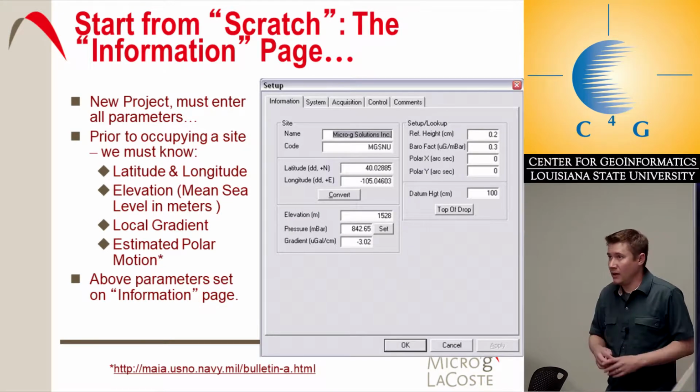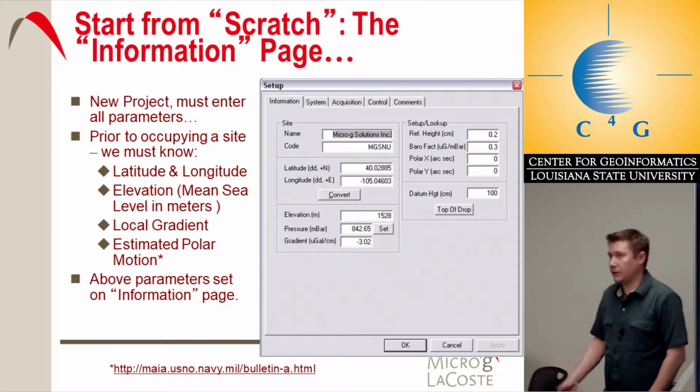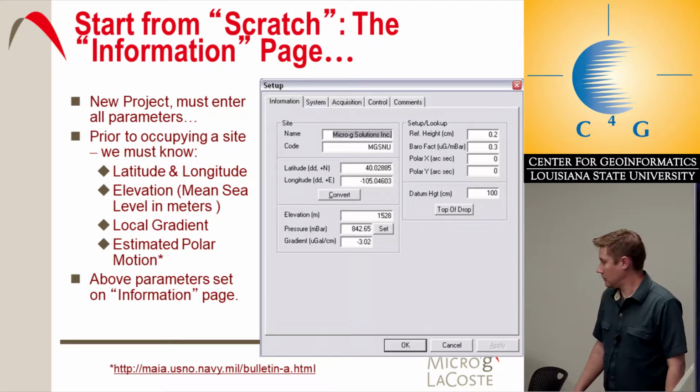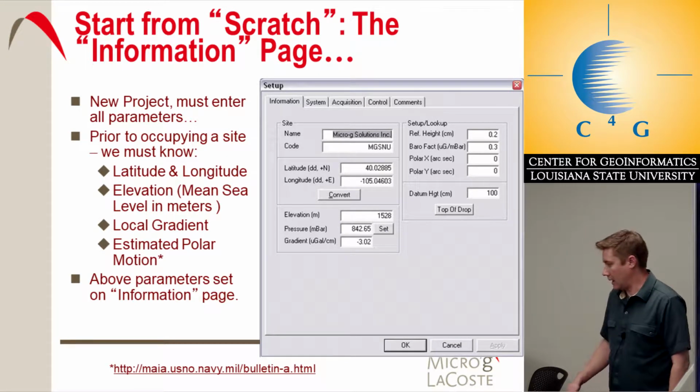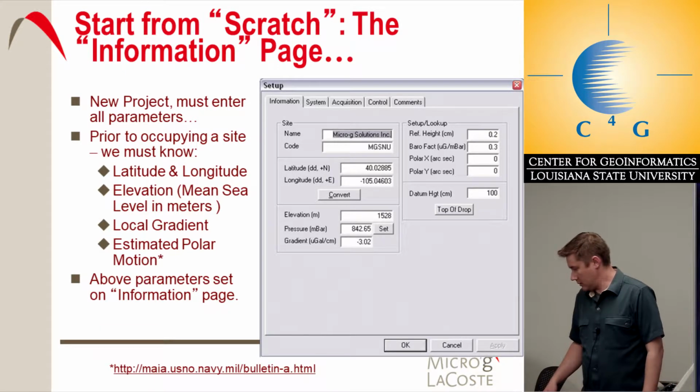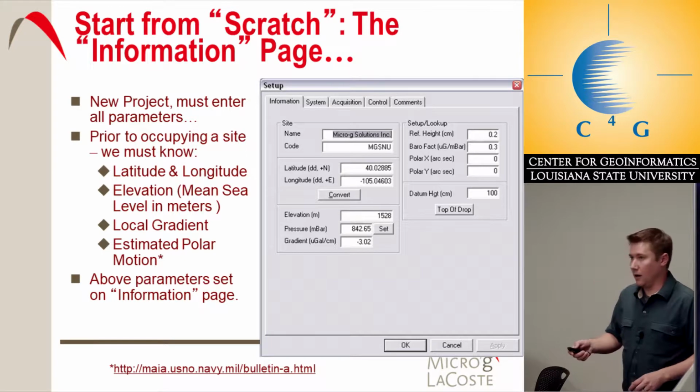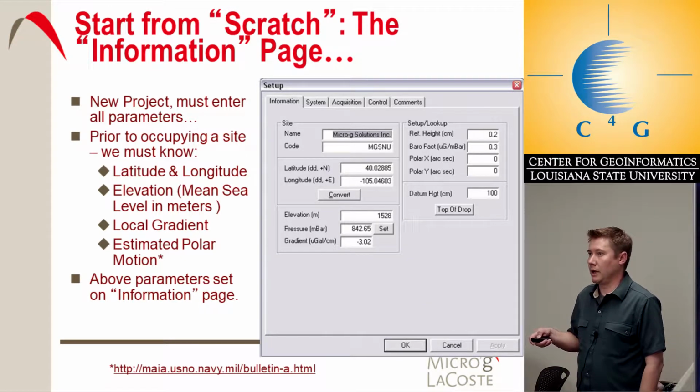So starting from scratch, you can see here. If you start from a new project, you can see you have to enter all the parameters in. We kind of did that yesterday morning.